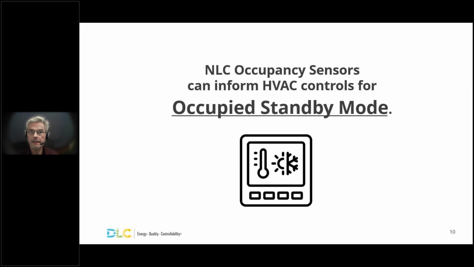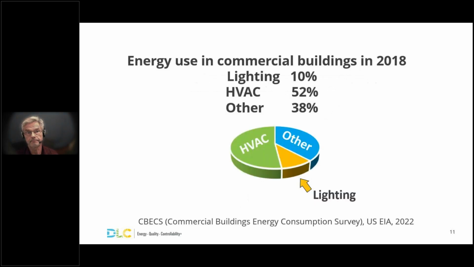It relies on occupancy sensors, but very few HVAC systems include their own integrated occupancy sensors. If you want to add occupancy sensors to an existing building, then a lighting retrofit project offers a great opportunity to install light fixtures that have occupancy sensors already built in and networked and powered by the same circuit that powers the lights. Today's commercial buildings use more than half of their energy for HVAC and about 10% for lighting.